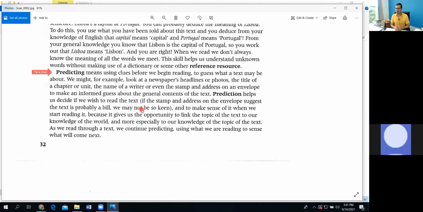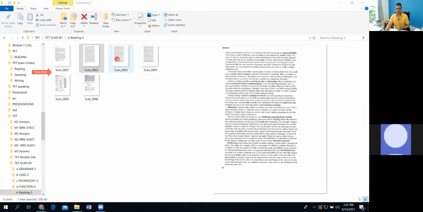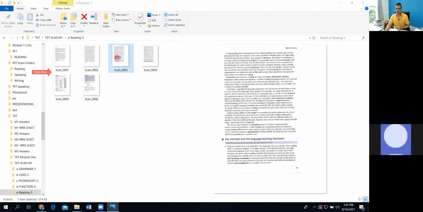Sometimes we just take a book and go through the pages, glancing through it to see whether it's interesting. In the middle, we read something. In the beginning, we see the title and all that, and then we decide to buy it or not. Okay, that is called predicting. So prediction also is a way of reading. Is it clear? Yes. All right. So now we will continue to the next page and let's see what is there.